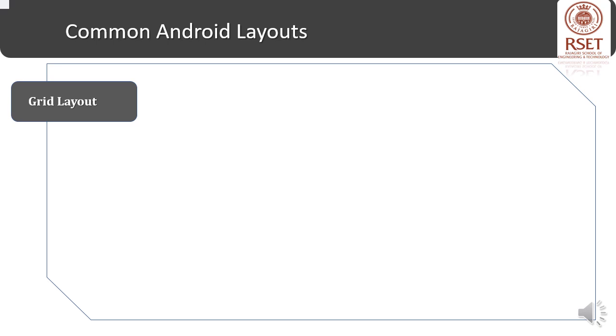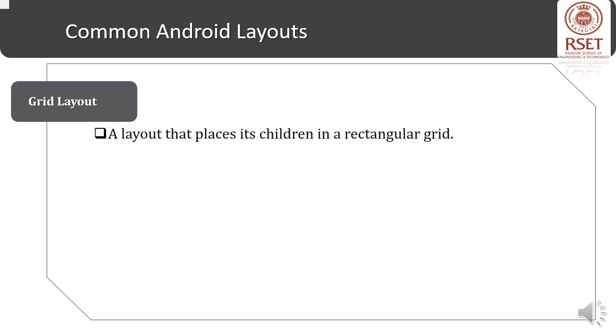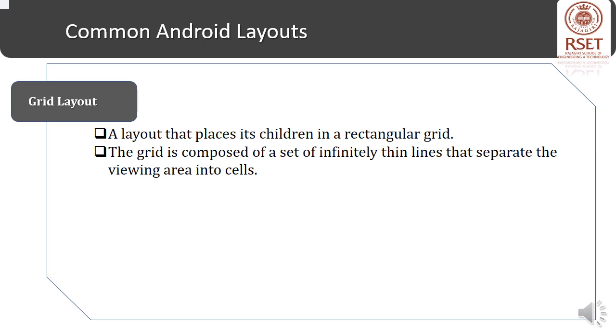Grid layouts in Android. Grid layouts are layouts that place their children in a rectangular grid. Now, a grid is actually composed of many thin lines that will be separating the area of your screen into cells.